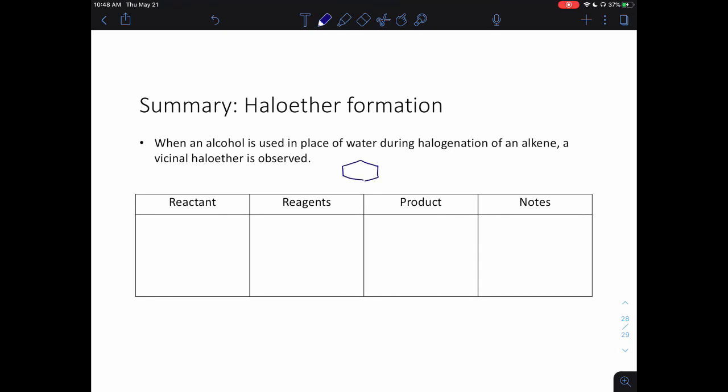And this is a variation on a theme. So let's say we take the alkene and we treat it with bromine, but this time instead of water, there's methanol around. Methanol can behave just like water, and it will generate what's called a vicinal halo ether.